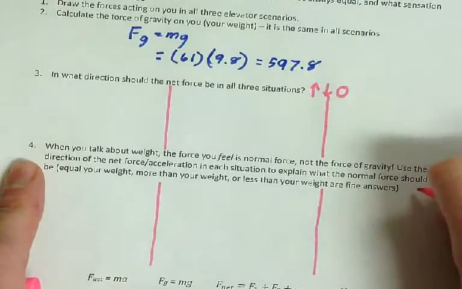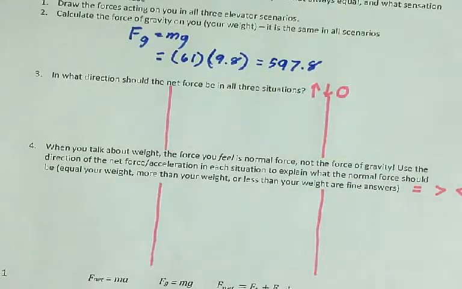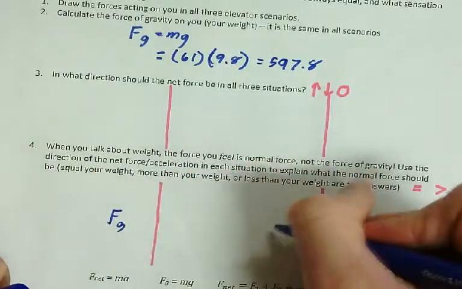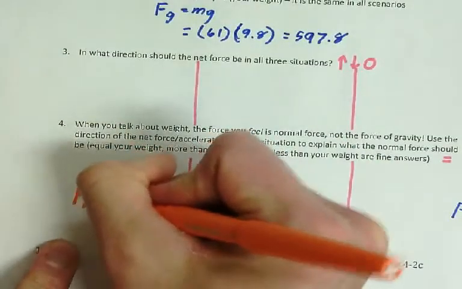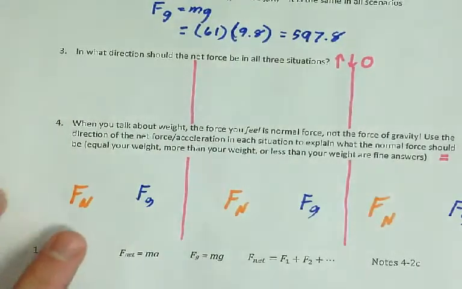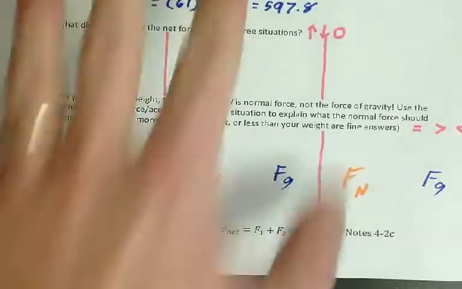And for that, I just need to know, are the forces equal? Is normal greater? Or is gravity greater? So we're basically going to set them up and say on this one, with your partner, decide which direction is the net force, up, down, or 0, for each of these three scenarios, and which one is larger, or are they equal?